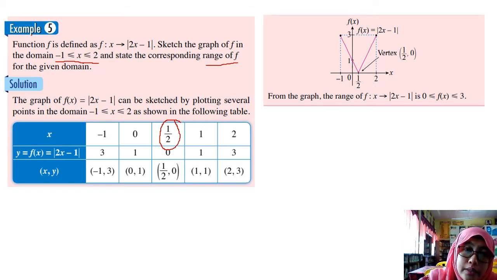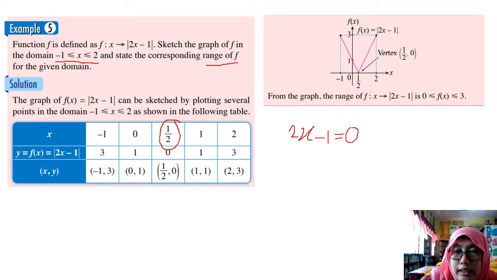Kita ambil nilai untuk f(x) ni, jadikan dia sama dengan kosong. Maksudnya 2x minus 1 equals 0. Jadi kamu jadikan x sebagai subjek, kamu akan dapat x sama dengan 1 per 2. So x = 1/2 pun masuk dalam table ni.